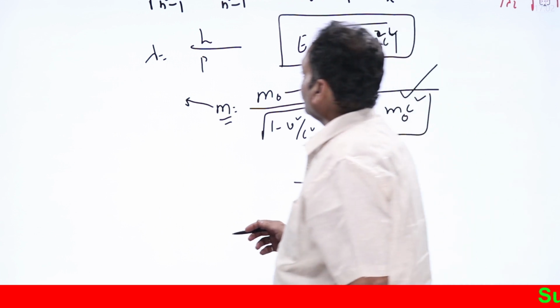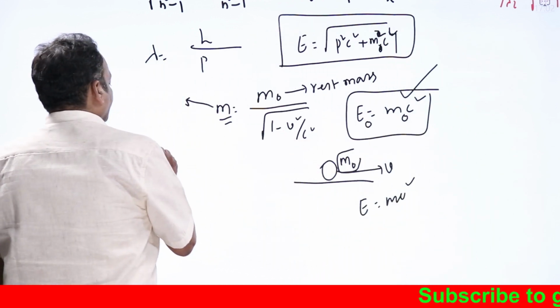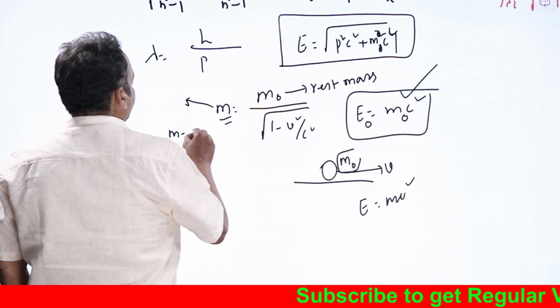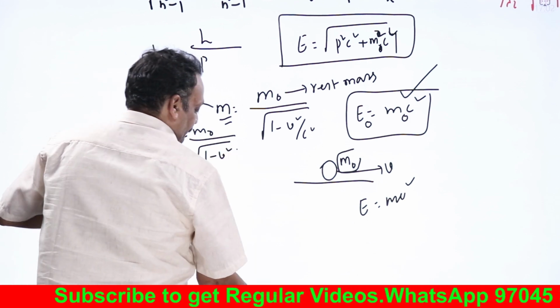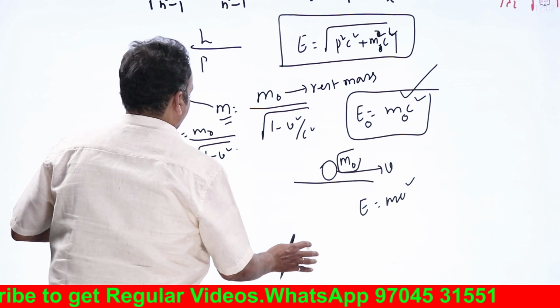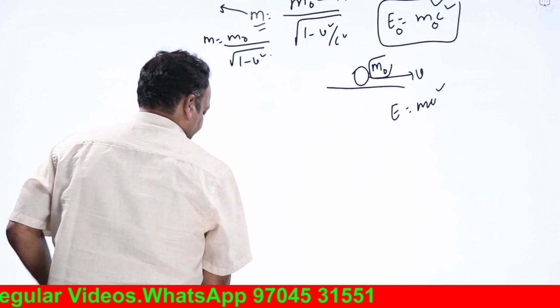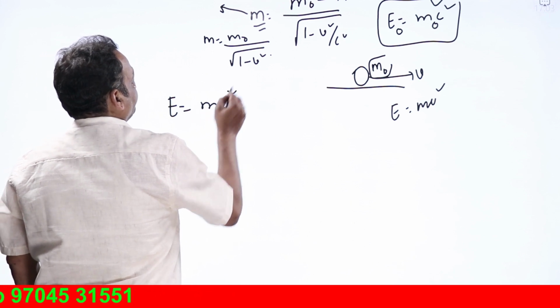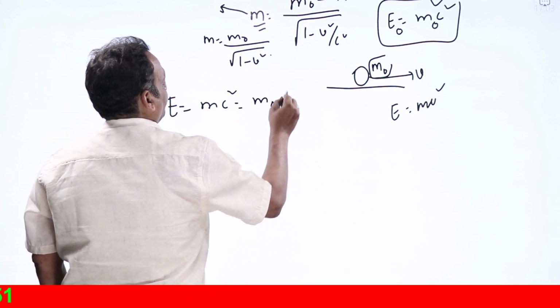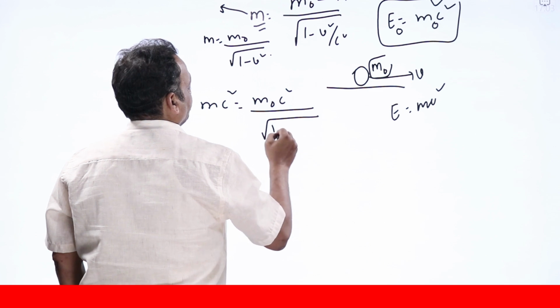Now because m equal to m naught by root of 1 minus v square by c square, what is the energy of the particle? Energy E equal to mc square, where m equals m naught by root of 1 minus v square by c square.